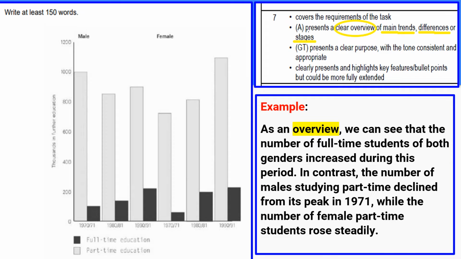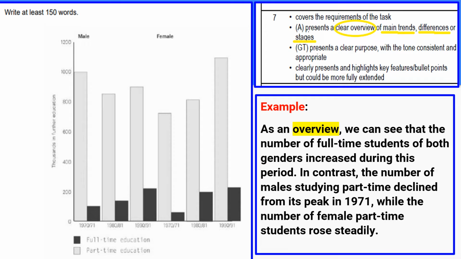It shows the differences between numbers of males and females, and it shows trends, increasing or decreasing. So I've written one possibility for an overview in this example. As an overview, we can see that the number of full-time students of both genders increased during this period.